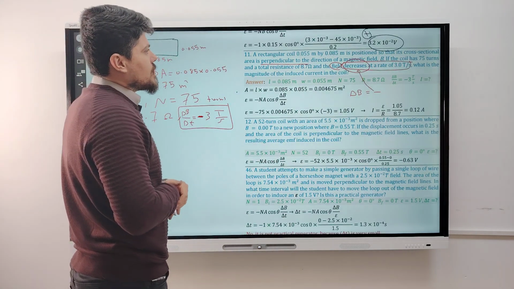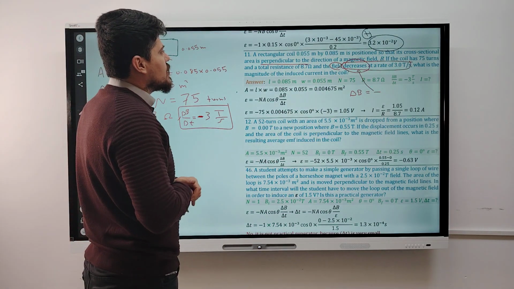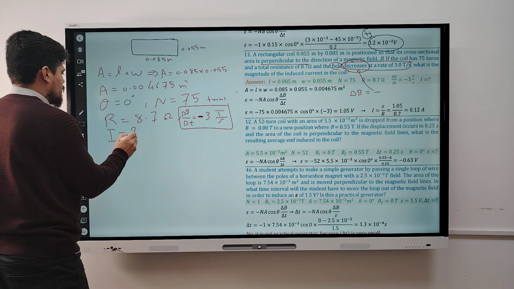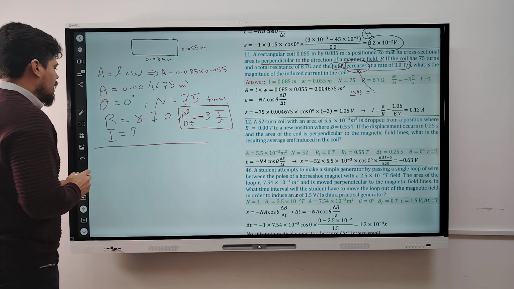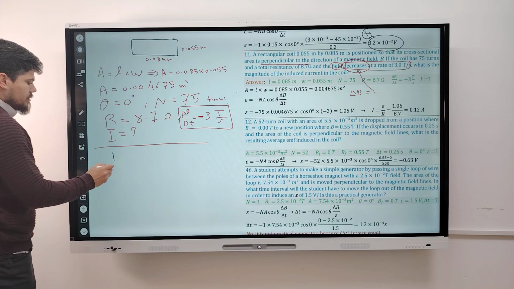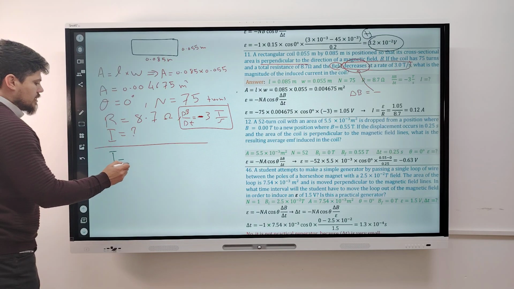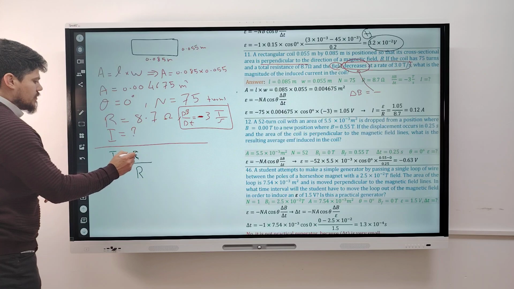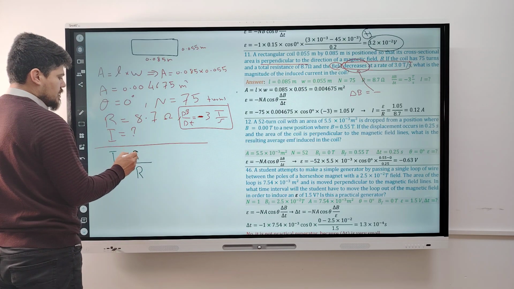Okay. What is the magnitude of the induced current in this coil? What is unknown? The magnitude of the induced current is unknown. How can you find it? In this question, you have to make a plan to find I equal to E over R, EMF over R. Do we have the induced EMF?